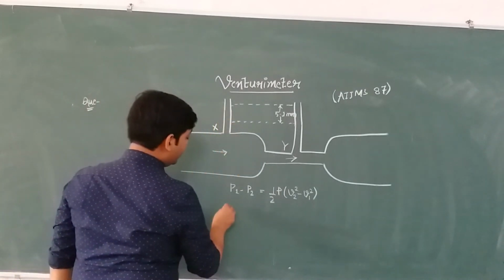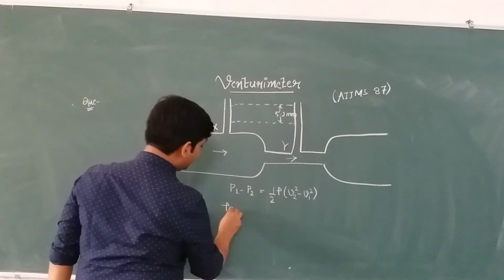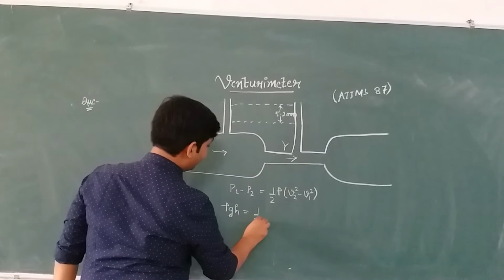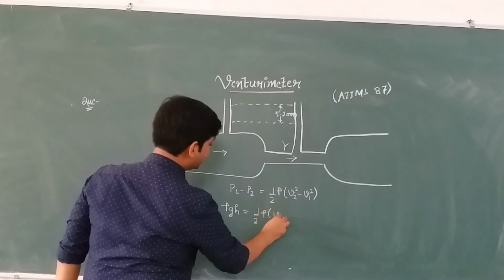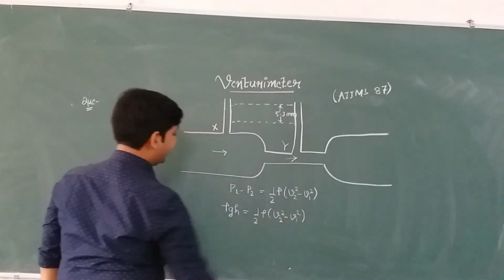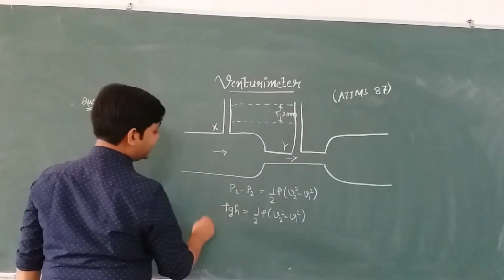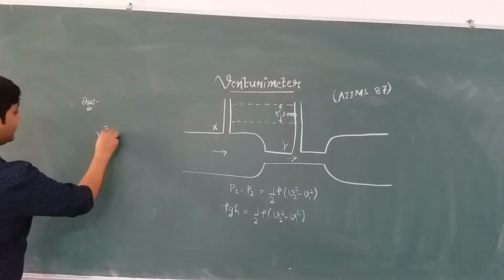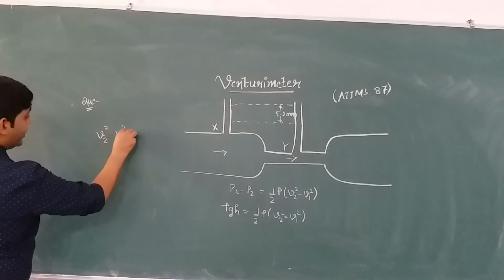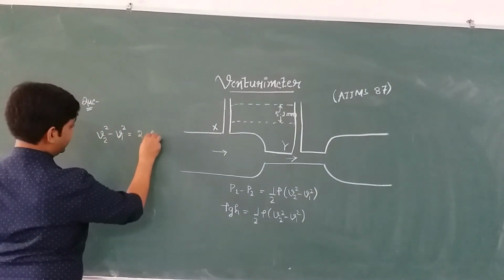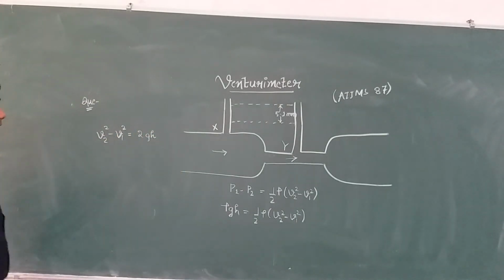So we write it as rho g h is equal to half rho (V2 square minus V1 square). This rho gets cancelled on both sides, and you are left with V2 square minus V1 square is equal to 2gh. I hope I am clear to you, right?